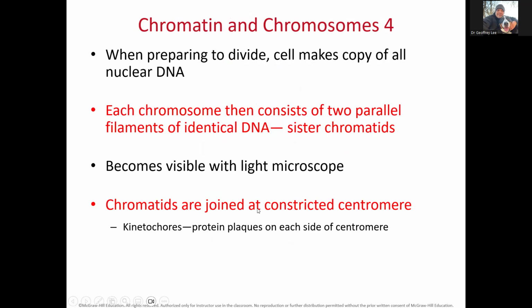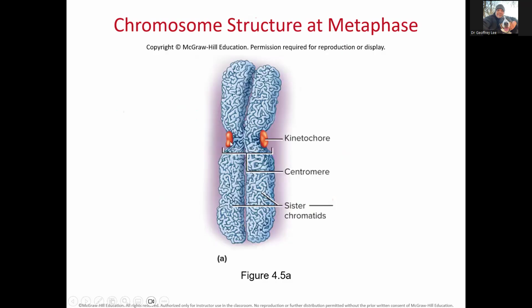Again, chromatids are joined at the constricted middle part called the centromere region. Proteins connect them together, and you have proteins on each side that will eventually allow us to pull it apart. As we pull it apart, remember, this is a copy of this, so each cell should have one copy of one chromosome from each parent.